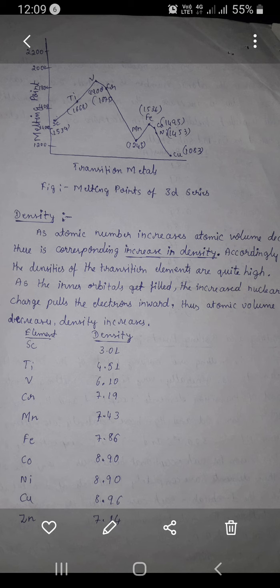Finally copper has a lower melting point. When there is a completely filled or half filled d subshell, it is impossible to remove those electrons and to break the bond very easily. So you require very high temperature to break these bonds. That's why these have very high melting and boiling points.